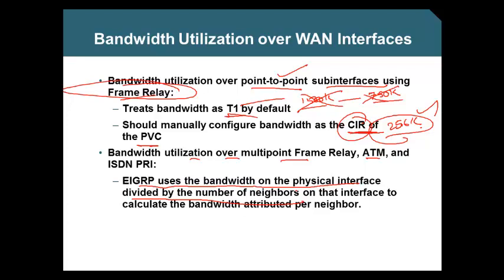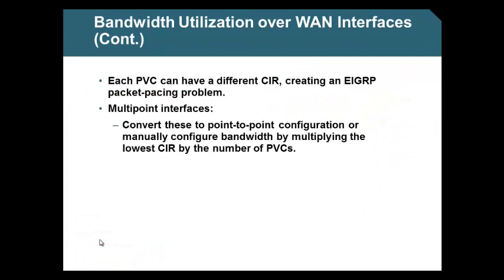EIGRP uses the bandwidth on the physical interface divided by the number of neighbors on the interface to calculate the bandwidth attribute per neighbor. So if you see this, before going to the example, let's read this one also. Each PVC may have a different committed information rate. Then you need to consider it as point-to-point. If the PVCs have the same committed information rate, then you sum up.